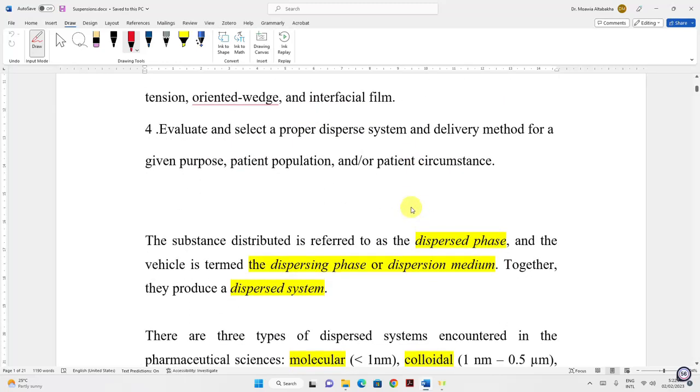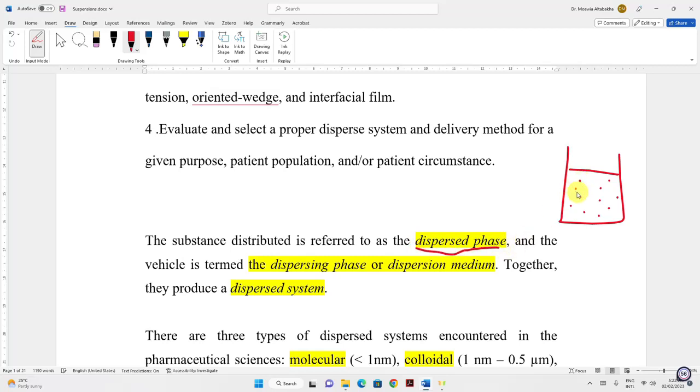Now, let's talk about suspensions. In suspensions, we have a vehicle that has particles suspended in it somewhat uniformly. These particles that you see are referred to as the dispersed phase.